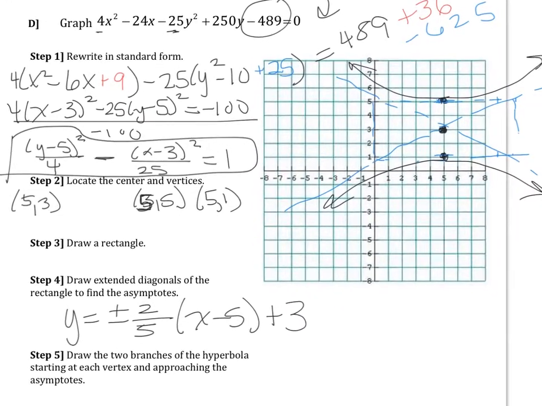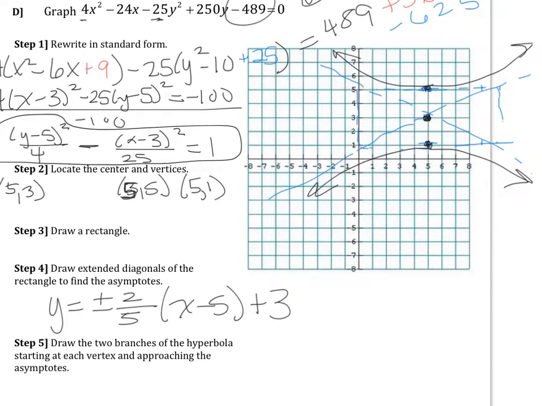It doesn't look like it asked you for foci here, but let's just for practice calculate them, keeping in mind c squared equals a squared plus b squared, with c being the distance from the center to the foci. So we know the foci are going to be outside, somewhere in this general vicinity and this general vicinity. Our a squared plus b squared is going to be 29, so c squared equals 29, which means that c is plus or minus root 29.